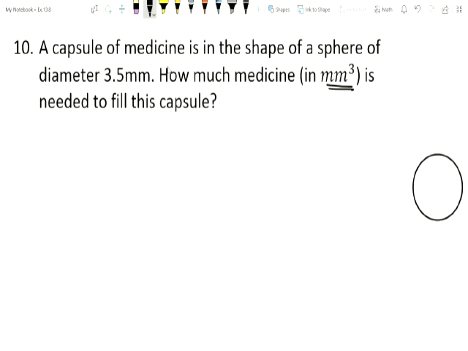The capsule is in the shape of a sphere, and the diameter is given as 3.5 millimeter. How much medicine is needed to fill this capsule represents the capacity, the volume. So we need to find the volume of a sphere. Diameter is given, we need to find the volume.